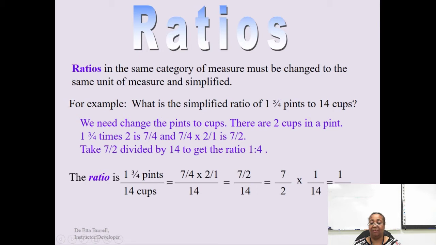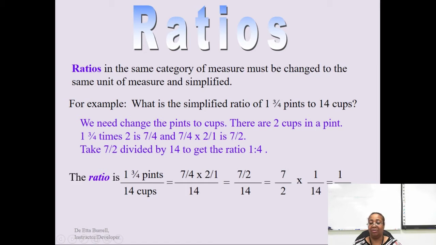I take the 7/2 and multiply it by 1/14. The reason I flipped it is because there's a division here, and remember when dividing a fraction, you need to do keep, switch, and flip. So we kept the first one, we switched the operation from division to multiplication, and then we inverted the whole number 14, which can be written as 14/1, and flipped it to 1/14.